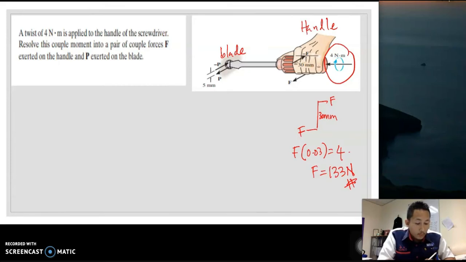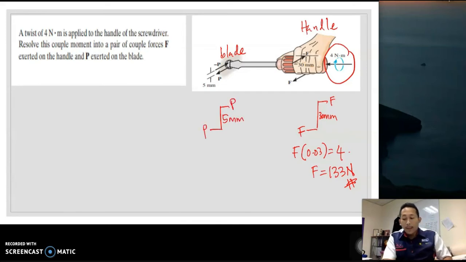Okay, and then we have P. So we need to calculate the moment at P. At P we have 5 mm. For the blade, the torque or moment is also 4 Newton meter. When we apply 4 Newton meter at the handle, it will be applied at the blade also.